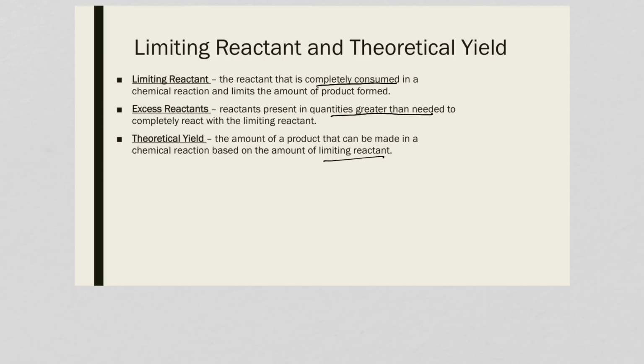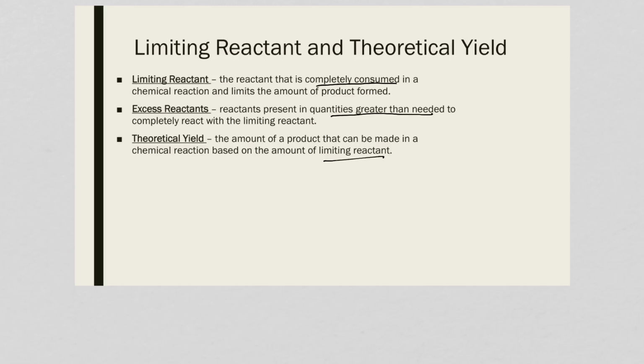So it's the maximum amount that can be made in a chemical reaction based on the limiting reactant. So it takes on a little bigger meaning here because we have to determine the limiting reactant, and so whatever we calculate based on the limiting reactant, that's what we call our theoretical yield.